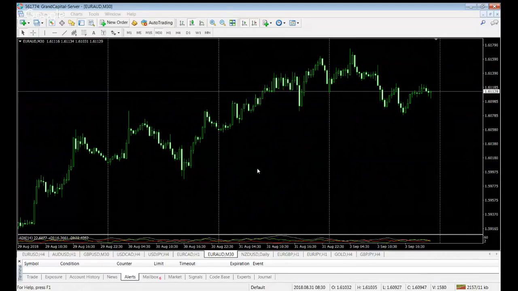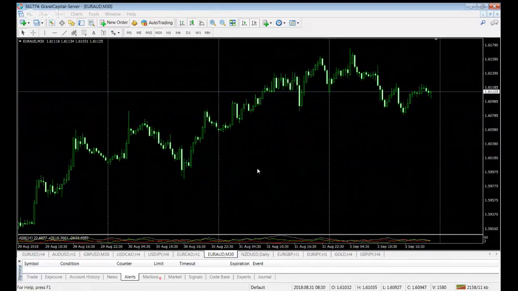In a micro account, one lot is actually 1,000 units of a currency. 1,000 units of a currency make one lot of a micro account. Under a standard account, one lot is 100,000 units.